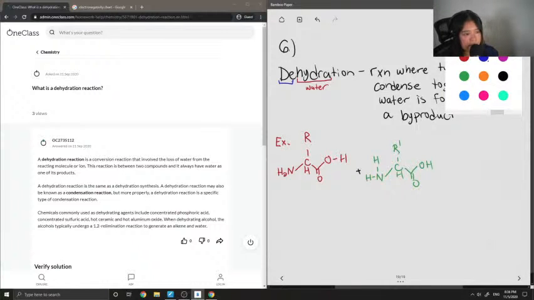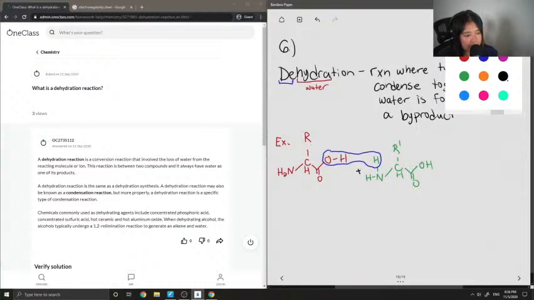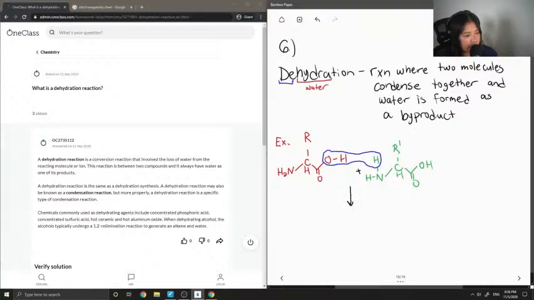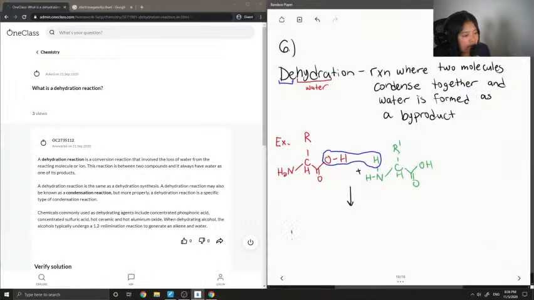Okay, so now in a dehydration reaction, I'm just going to circle where our molecules come together and water can be formed as a byproduct. So now our final product looks like this. Oh, sorry.